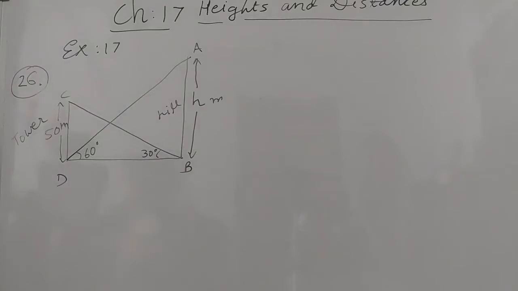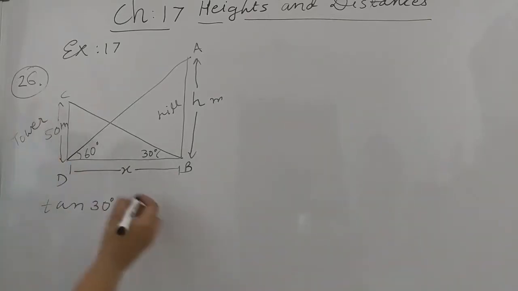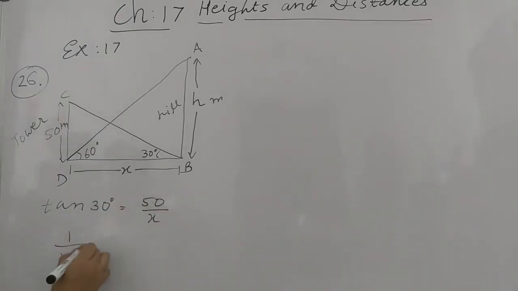Now we have to start in this triangle, that is triangle BCD, and this horizontal distance let me take as x. So tan 30 degree in this triangle BCD is the opposite side CD, so 50, and adjacent side x. Tan 30 degree value 1 upon root 3 is equal to 50 by x.